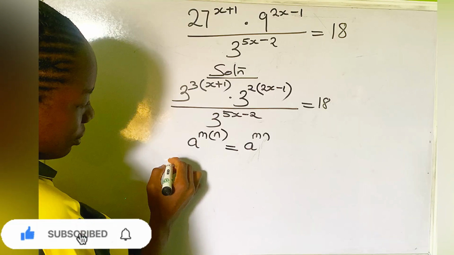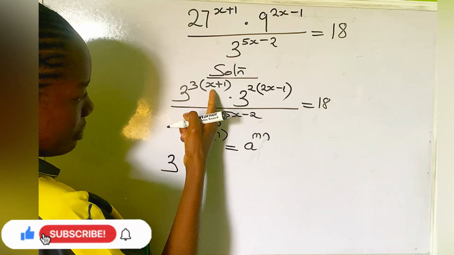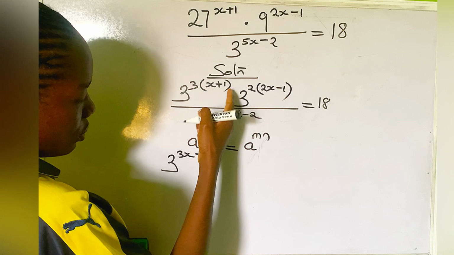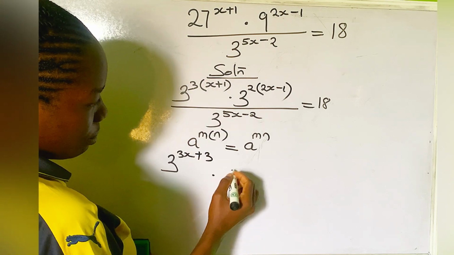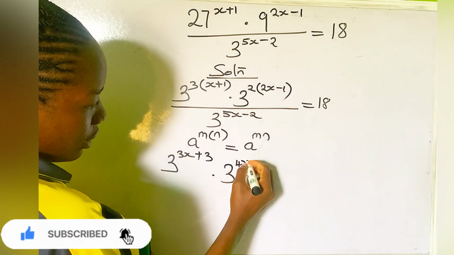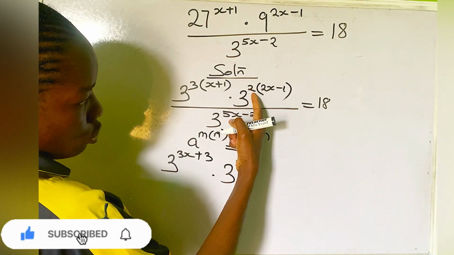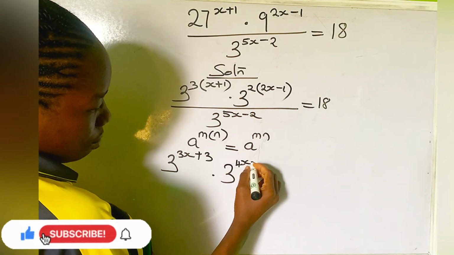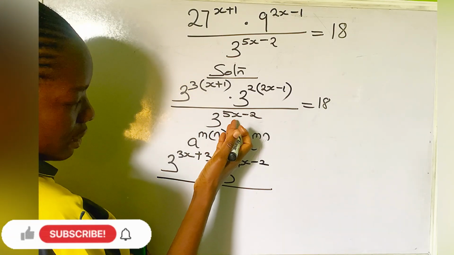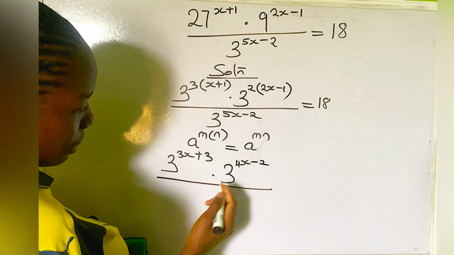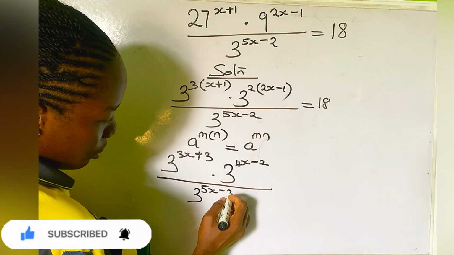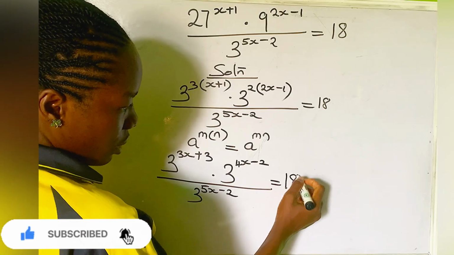So this is now 3 to the power of 3 times x is 3x, plus 3 times plus 1 is going to give you plus 3, multiplied by 3 to the power of 2 times 2x is 4x, 2 times minus 1 will give us minus 2. Same goes for here, but in this situation, we don't have anything to multiply. So we just have 3 to the power of 5x minus 2 is equal to 18.